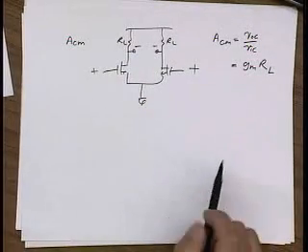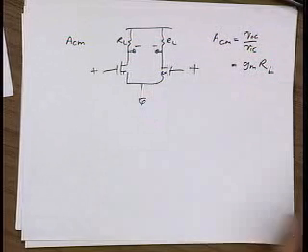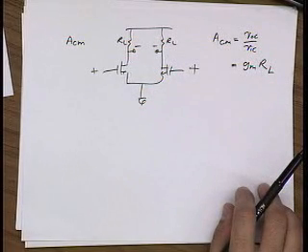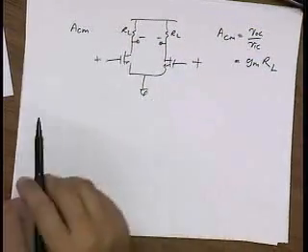But as I said, I don't really care too much about this common mode gain because I'm going to drive another differential stage and I can reject this. Okay. So why is it that I still prefer to put a current source down here?